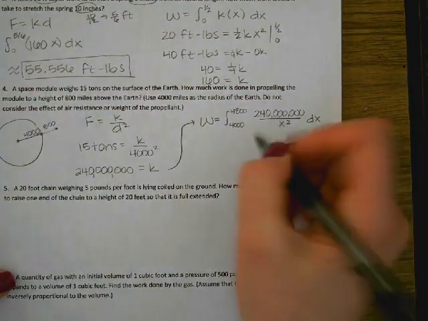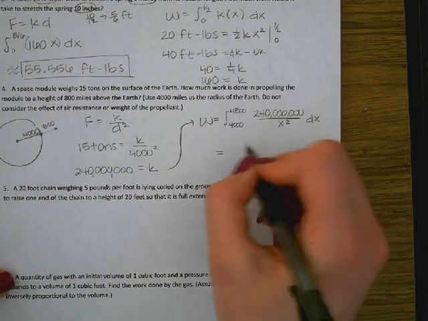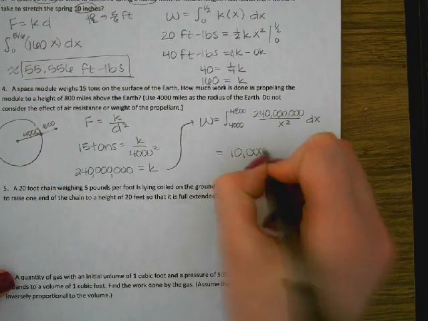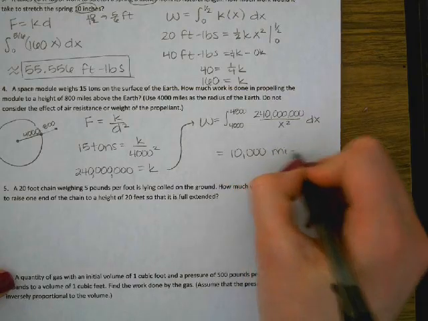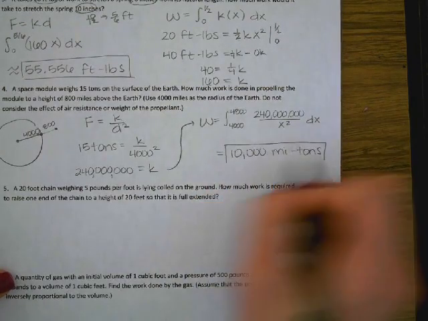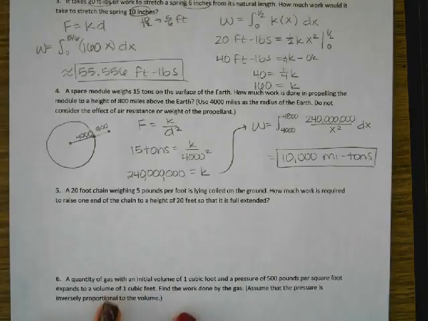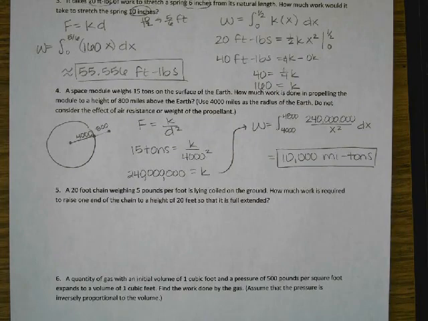And then when you plug this into your calculator to figure out what the work is, it's going to be 10,000 mile-tons. All right, and I'll go ahead and leave the last two for class.